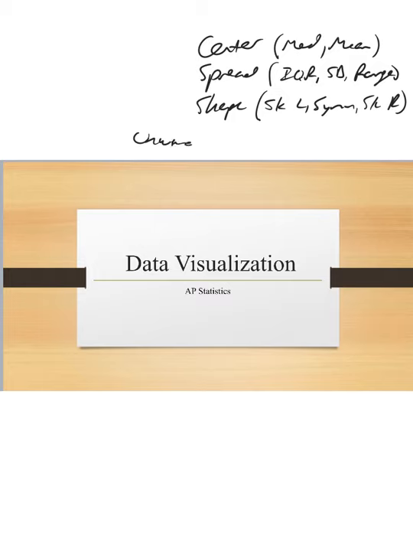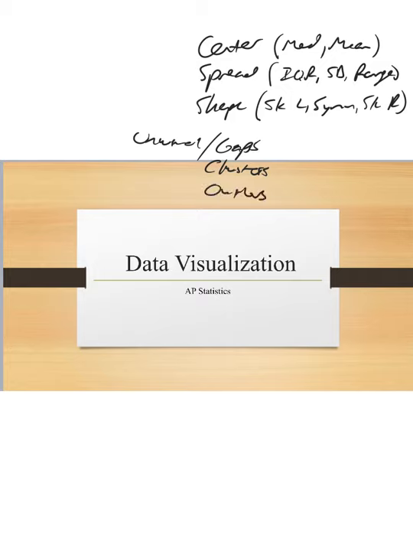And then things like unusual characteristics like gaps, so areas where there's no values, clusters, areas where there's a clump of values and then not really many around it either way, outliers.